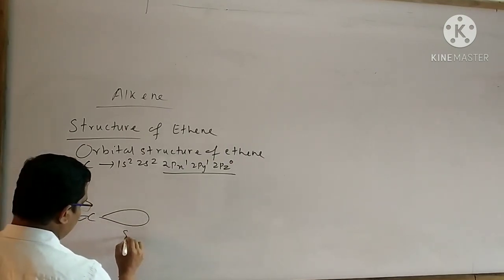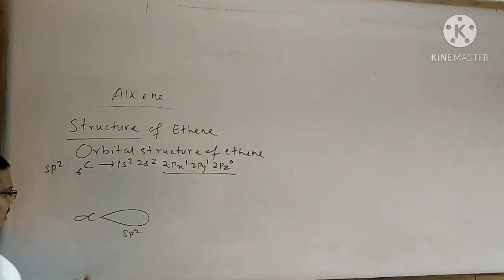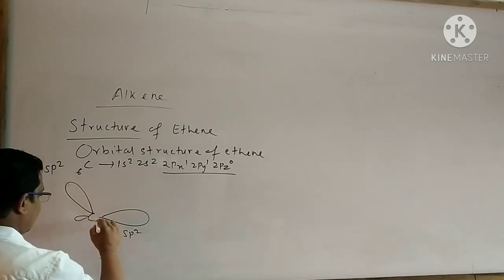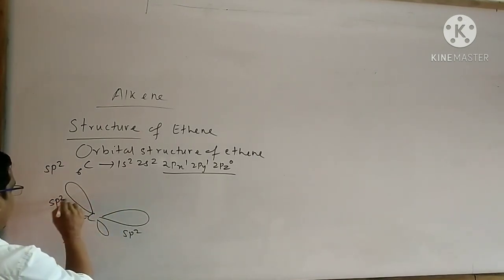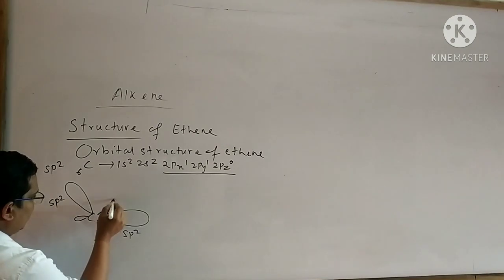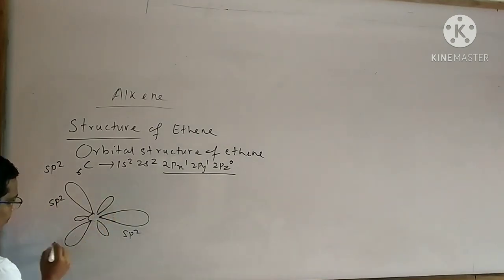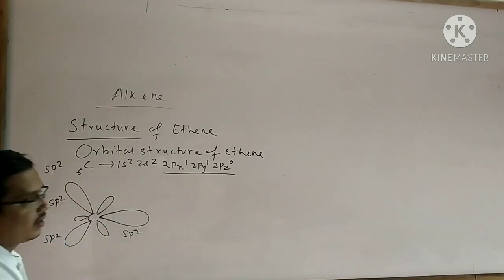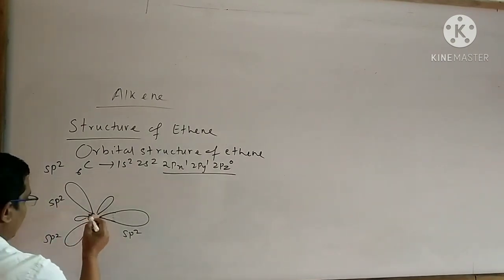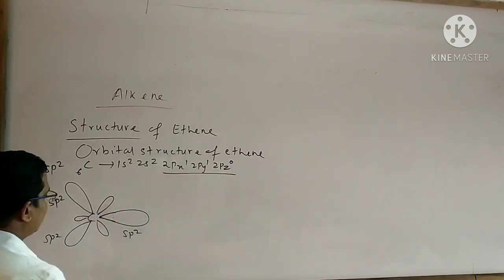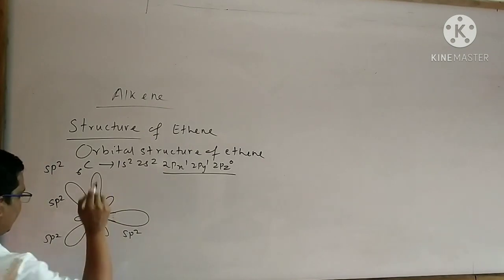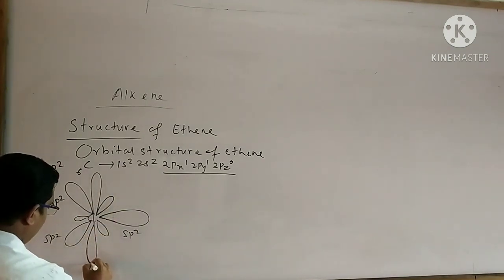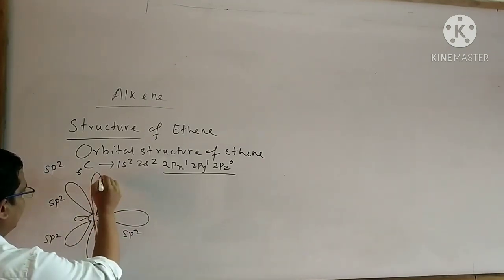This is your first sp2 hybridized orbital. This is the second sp2 hybridized orbital. This is the third sp2 hybridized orbital. Look at that, here an unhybridized p orbital is present like this. This is your unhybridized p orbital.